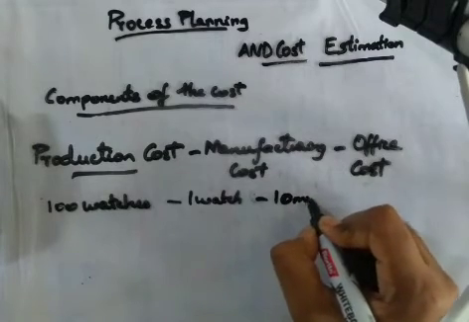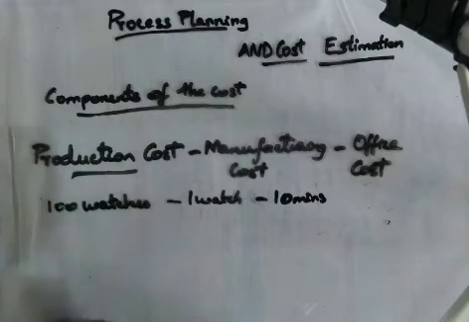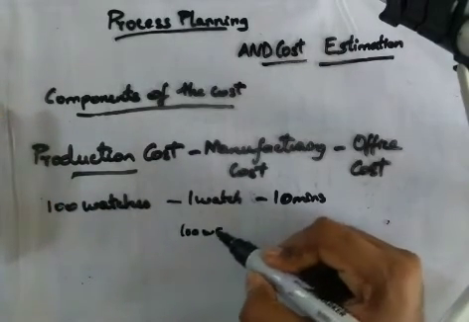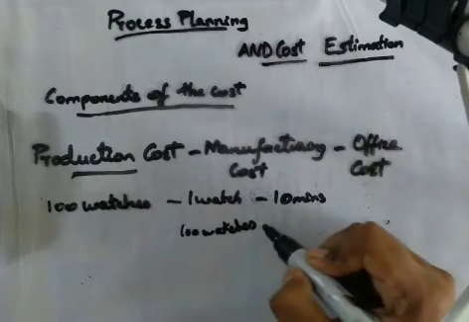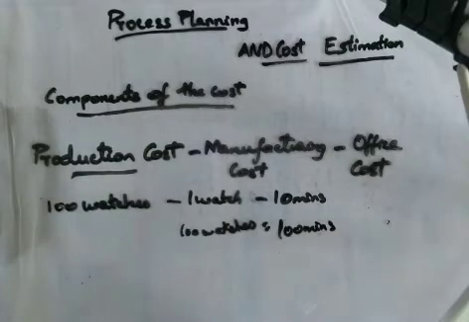At 10 minutes each, the time taken for 100 watches will be 100 minutes. Okay, so in this 100 minutes there will be so many workers.